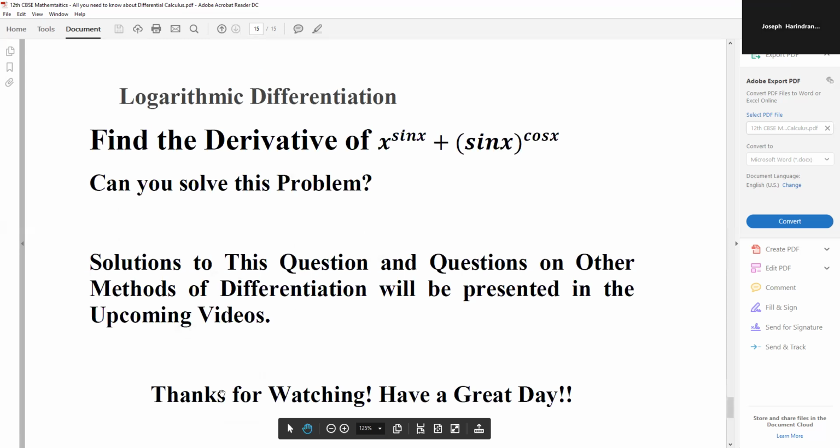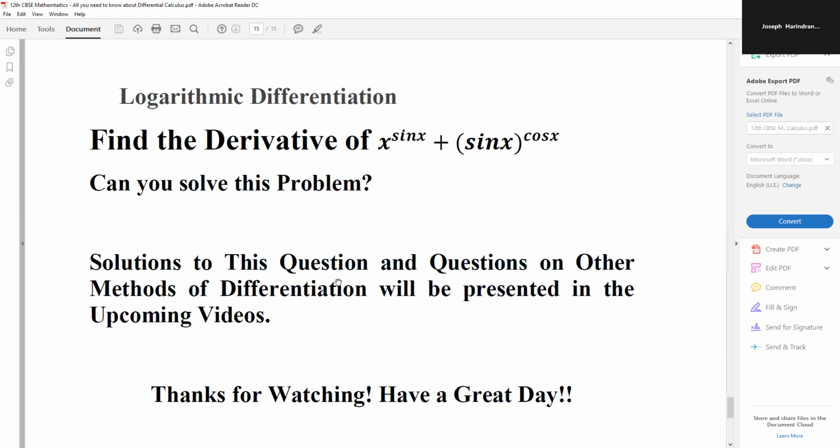Logarithmic differentiation is dealt with separately. There is a separate video on this. The link is given in the description box. You can check it out. We use this classical problem of x power sin x plus sin x power cos x. Solutions to this question and other questions are given in the upcoming videos.